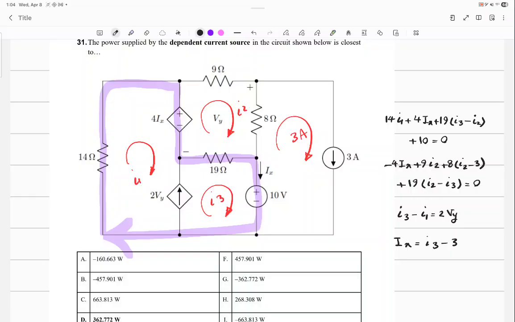Would you write one for the 3 amp mesh still, because we have I2 and I3 in here? Okay. But you don't know the voltage across the 3 amps, right?